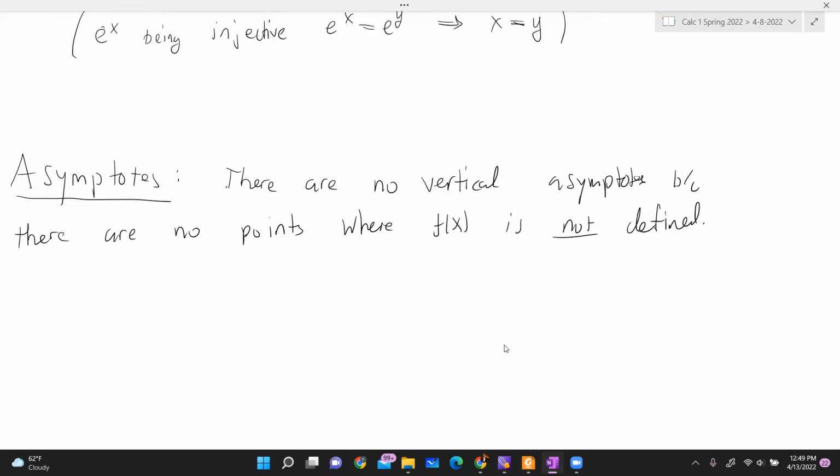This function, f of x equals x e to the x, is defined everywhere. And vertical asymptotes can really only happen at points where your function is not defined.